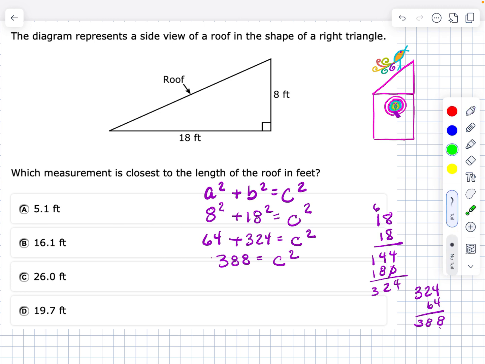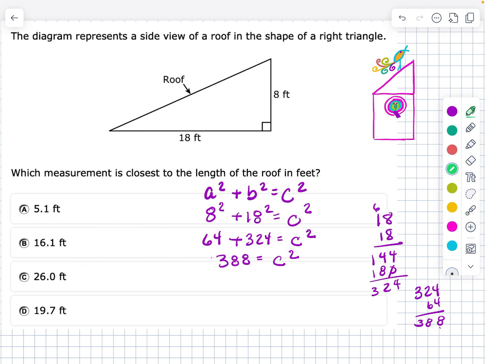Well, the question is asking me for the length of the roof. It's not asking me for the squared version. Okay, so I have to take the square root of both sides, and also the answers will help clue you into that.